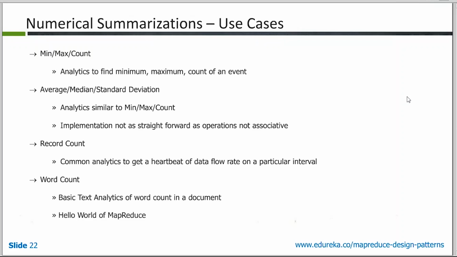Okay, so some of the use cases of numerical summarizations. The min-max count, so we'll see an example of this. It's quite apparent by the name itself, so I need not explain that. Average, median, standard deviation. We'll see an example of the average also. And the reason I'll talk about average as well is because this operation, average, is not an associative operation.